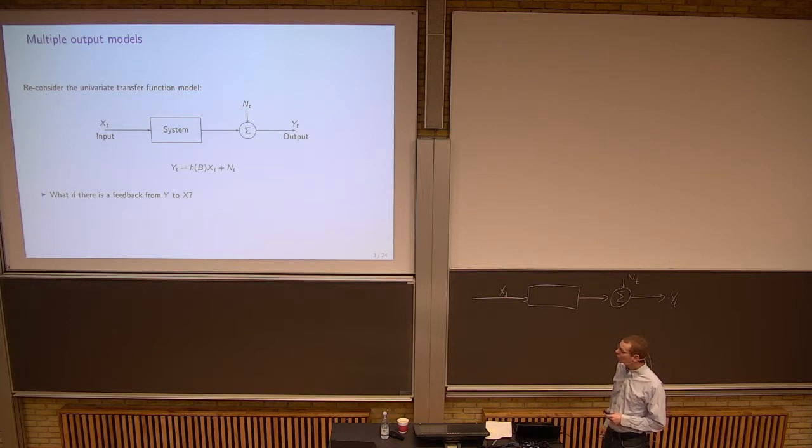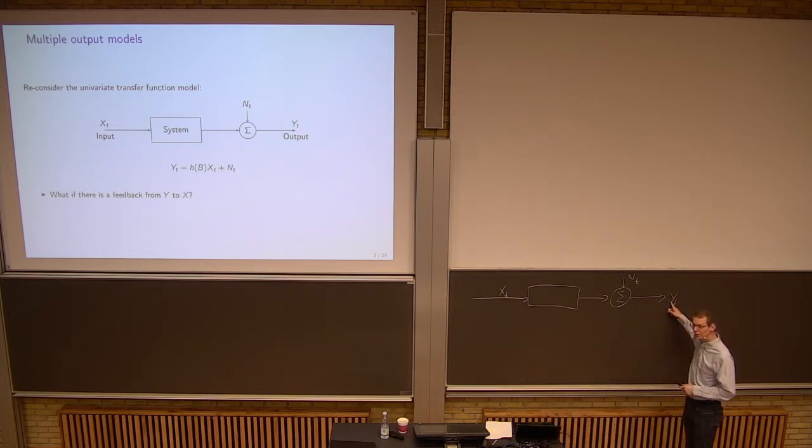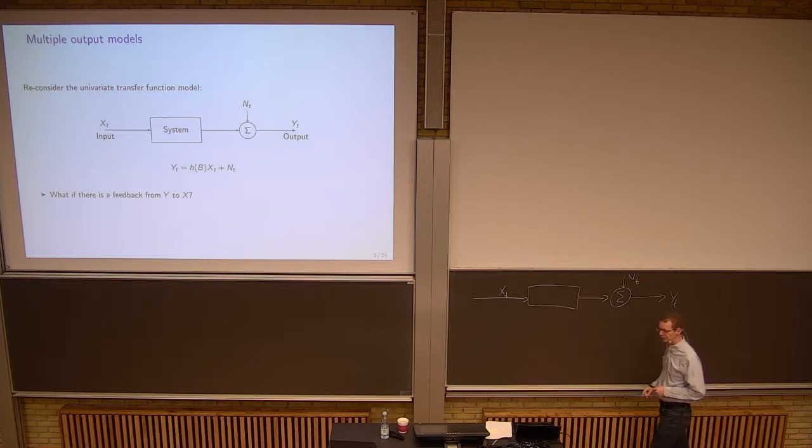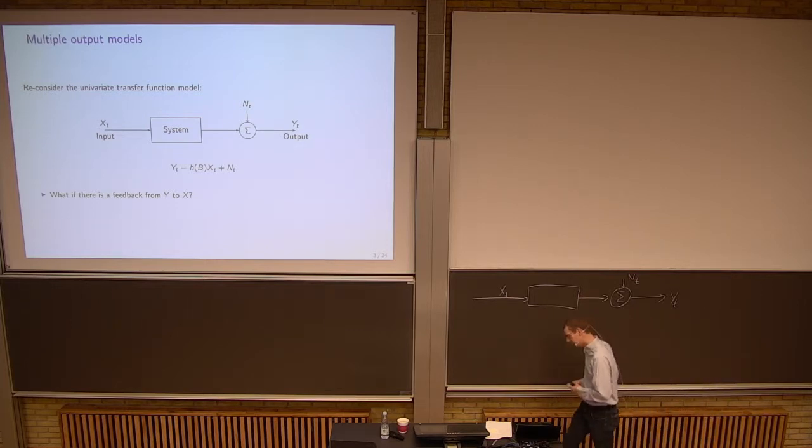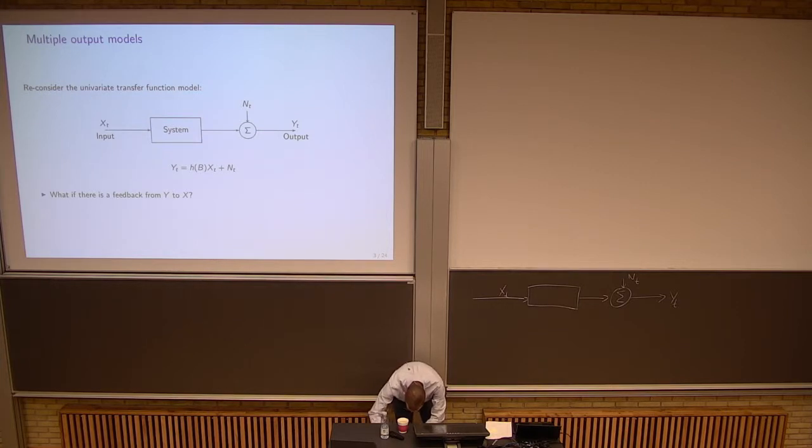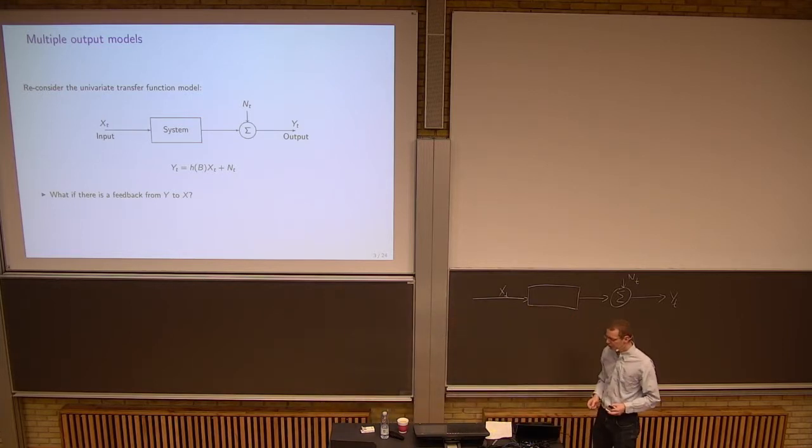Now, what if there's feedback not just from x to y, but also from y to x? How do we add that? I feel lucky this week. So what do we do?